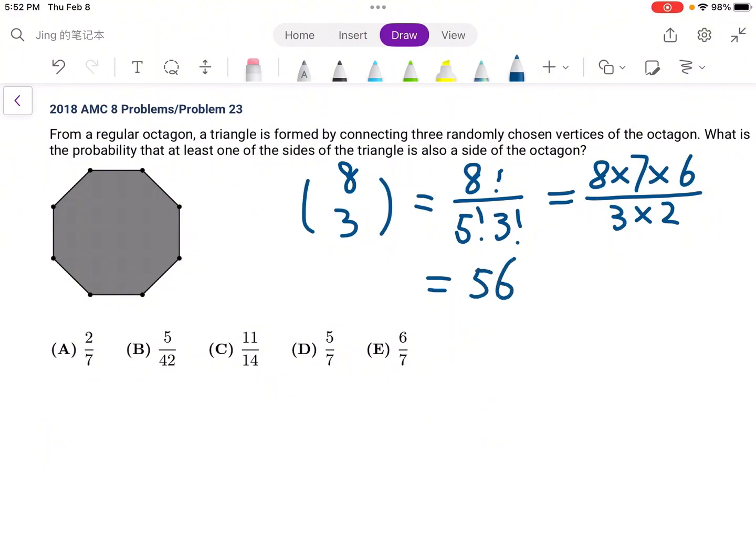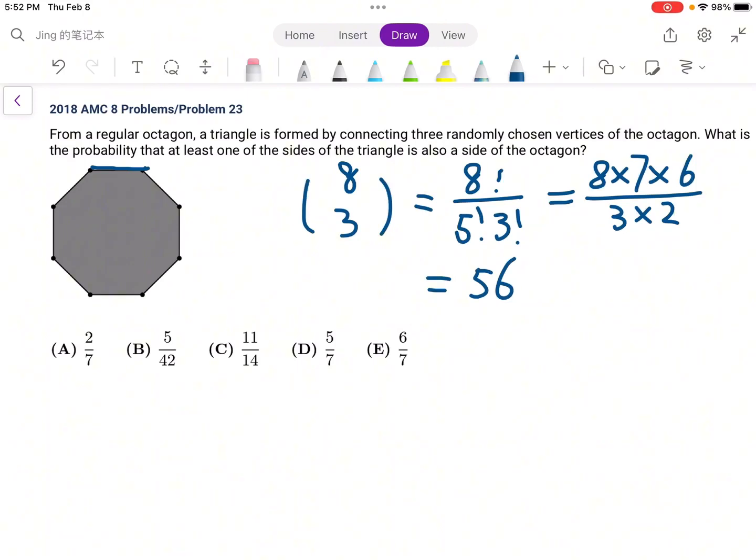And then if at least one side of the triangle is also a side of the octagon, then that means if we choose two neighboring points, it's the same as we choose this line.